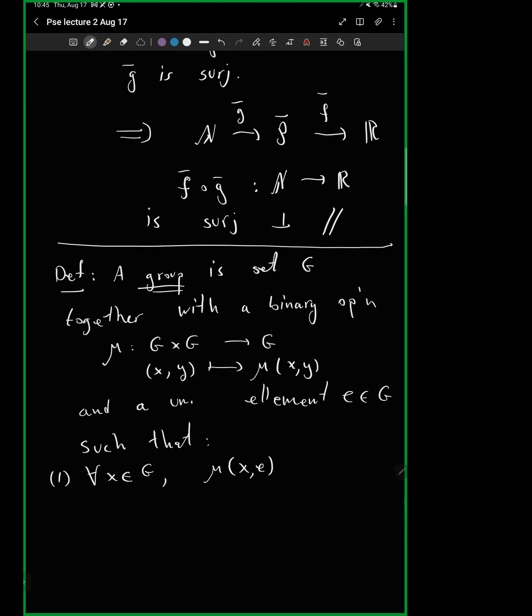This is often called the unit or neutral element. And if I take the binary operation of x with the unit element, on either side, I get simply x. So this is equal to mu of e, x. This condition is called unitarity.